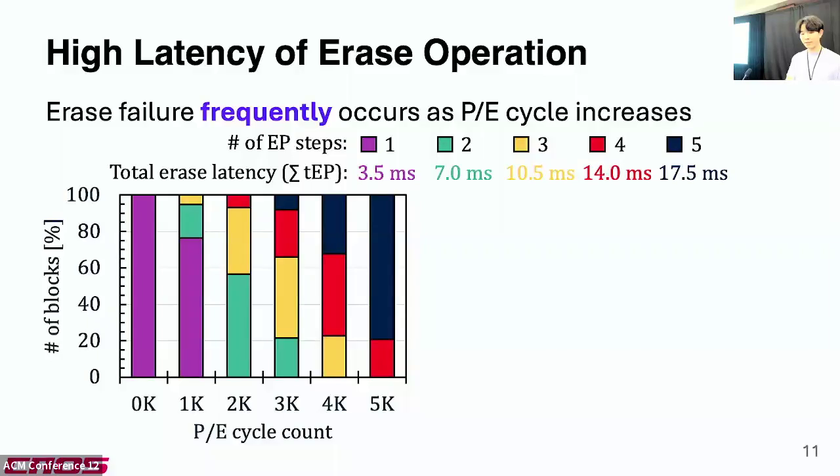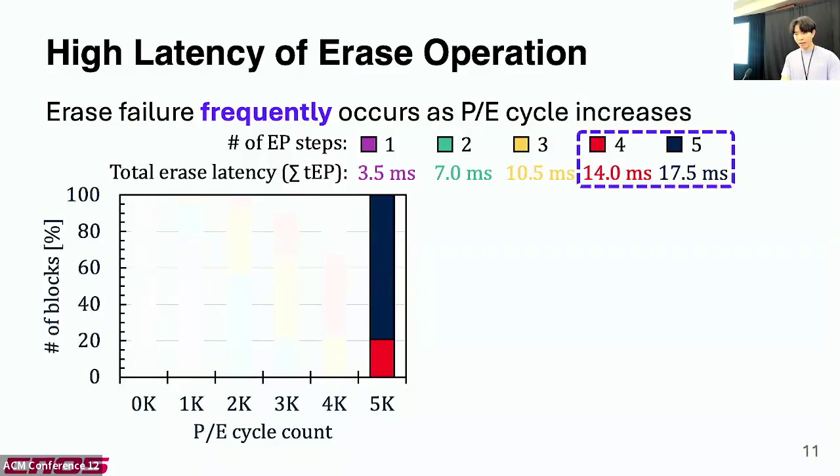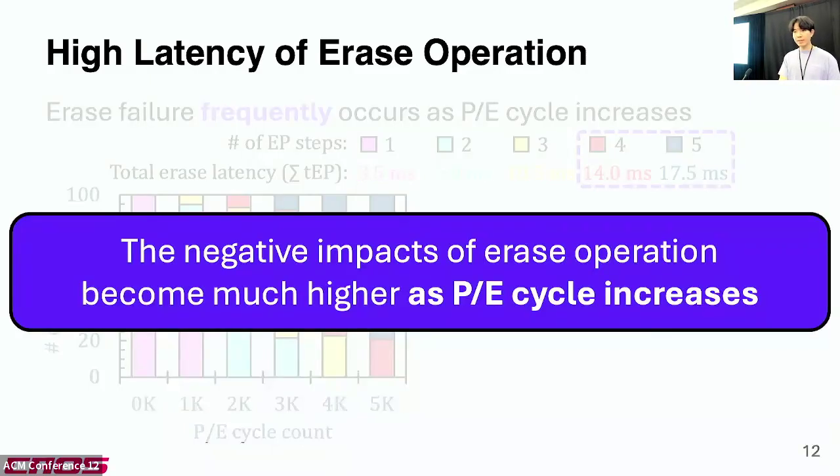As you can see, as P/E cycle increases, the number of erase pulses also increases. For instance, at 5K P/E cycles, every block requires at least 4 erase pulses to completely erase the block, and thus erase latency increases up to 70.5 milliseconds. This means that as P/E cycle increases, the negative impact of erase operation becomes much higher.